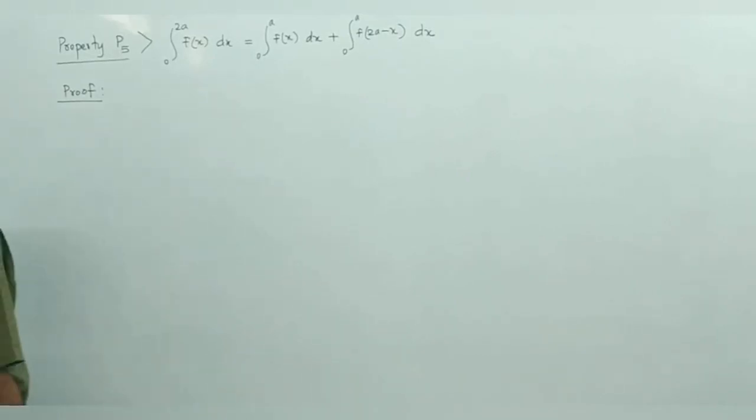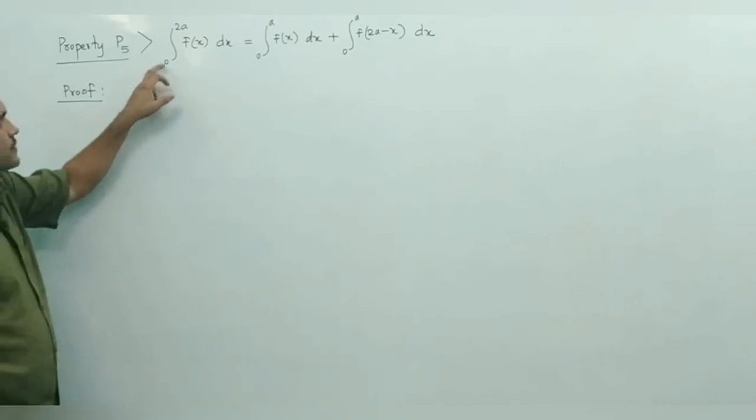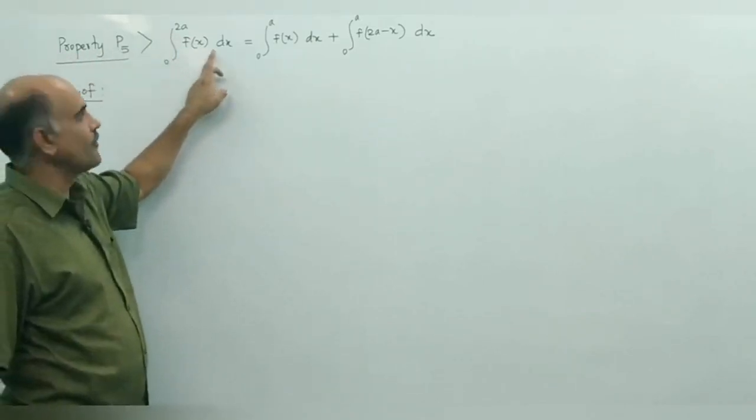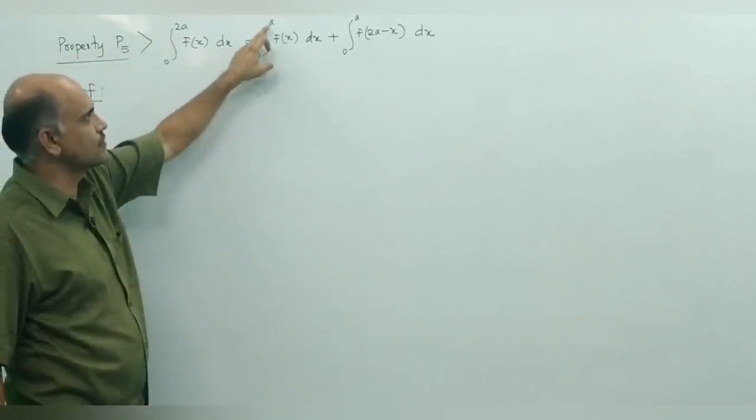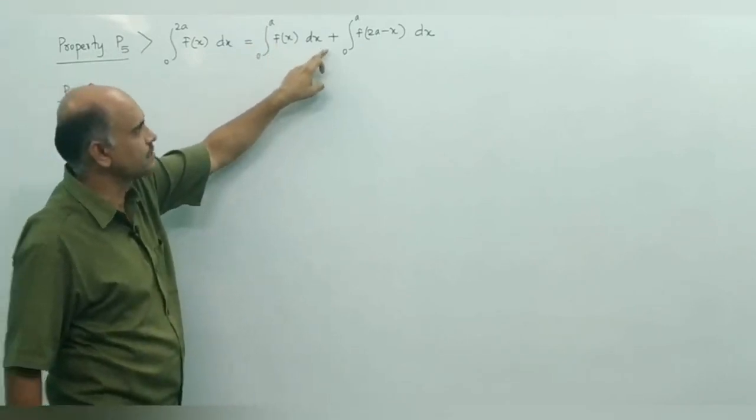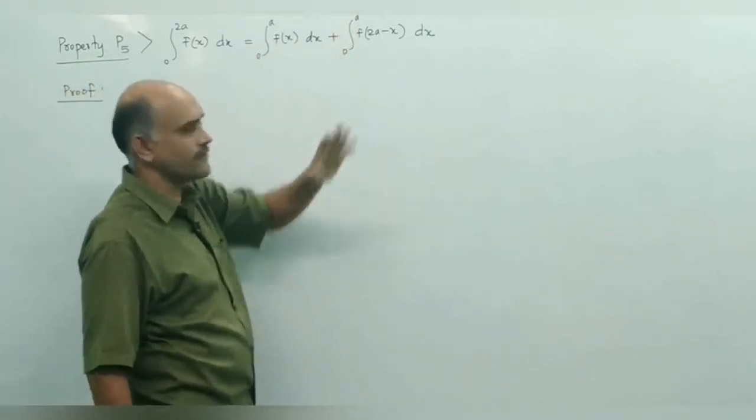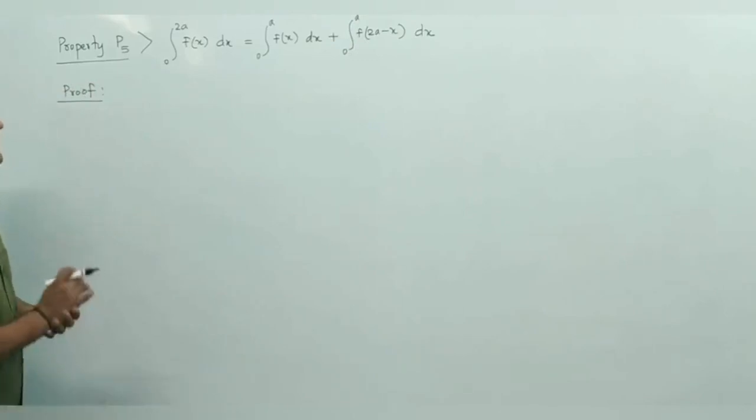So students, next property: 0 to 2a f of x dx is equal to 0 to a f of x dx plus 0 to a f of 2a minus x dx.